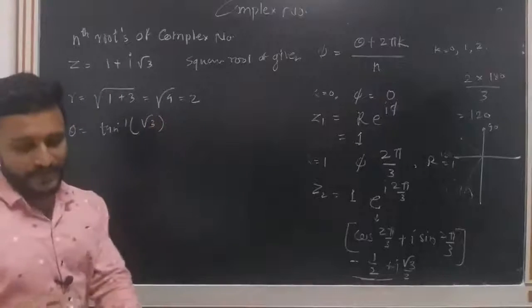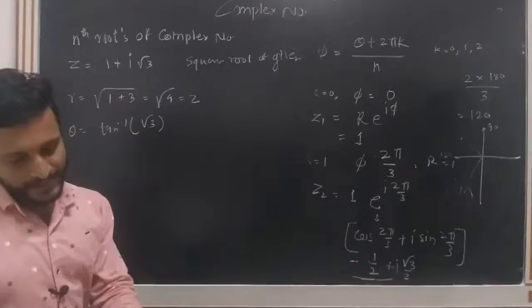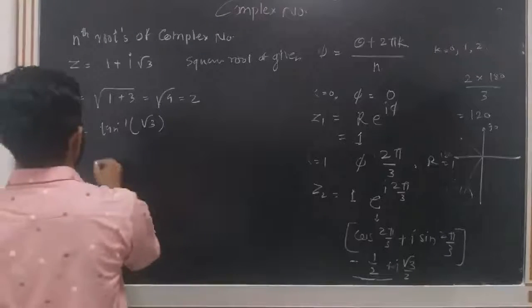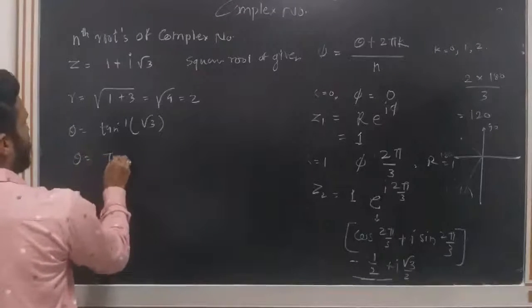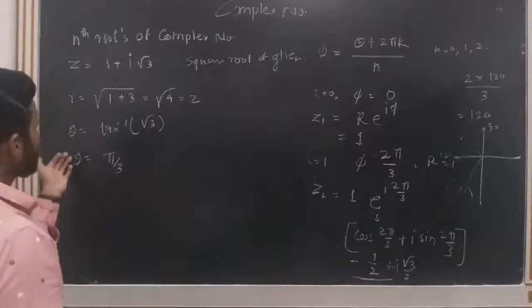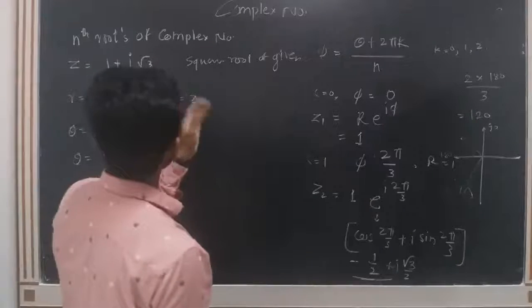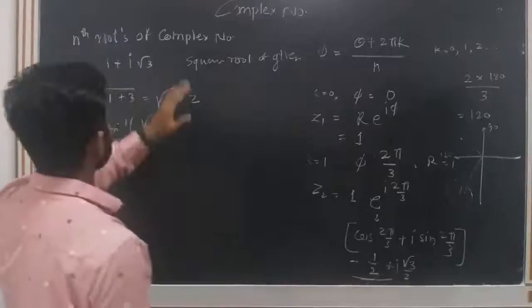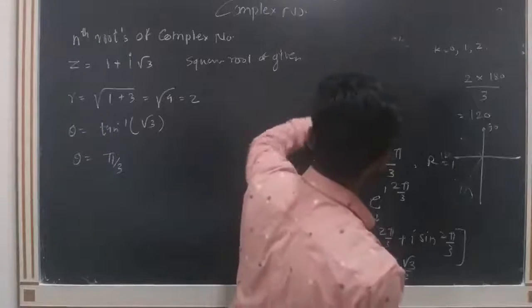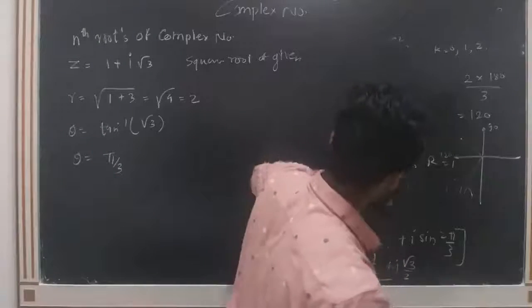So what is the value of tan inverse of root 3? Let me check. Pi by 3. So theta equals pi by 3. Once we are able to find out r and theta, it is very easy to find out the square root of the given complex number. So what is capital R?